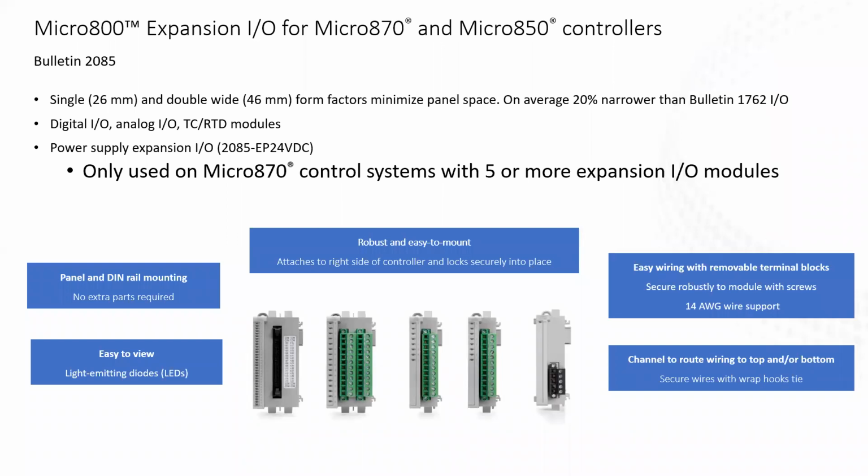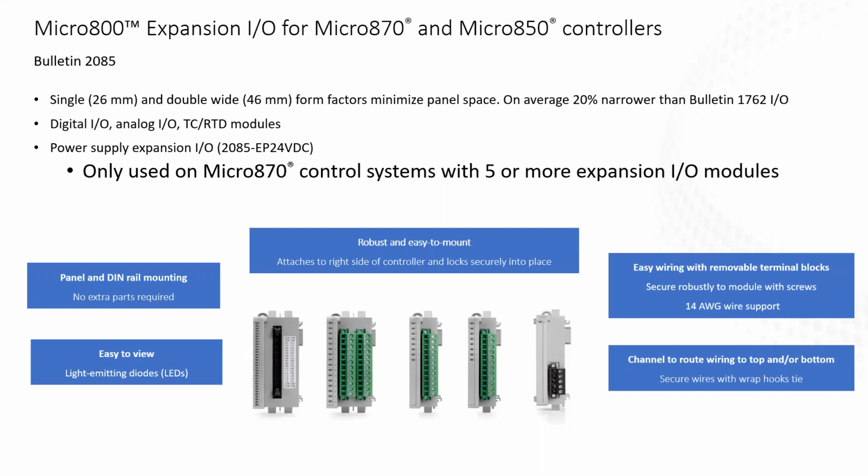Then let's talk a little bit about the expansion IO. Expansion IO, similar to the MicroLogix 1400 and the 1762, adds on to the DIN rail on the side. There are more capabilities on these, higher density IO modules, and they really add to the point count of the Micro 800.